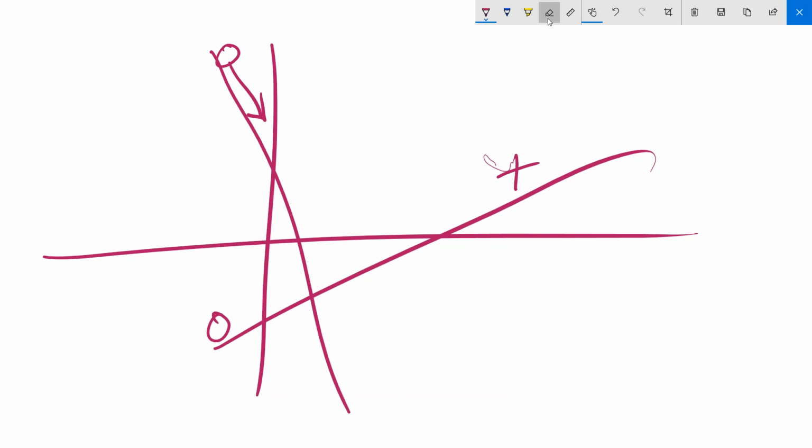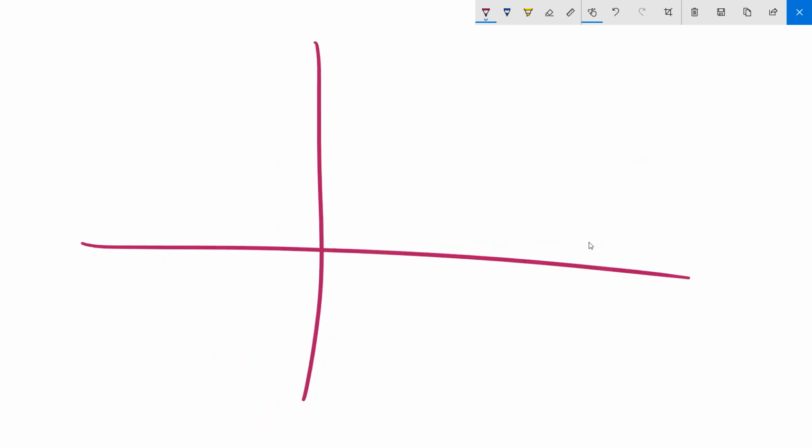Make it a little tougher. What's that slope? That's a horizontal, I believe. Okay, so what is the slope of all horizontal lines? 0. You got it.